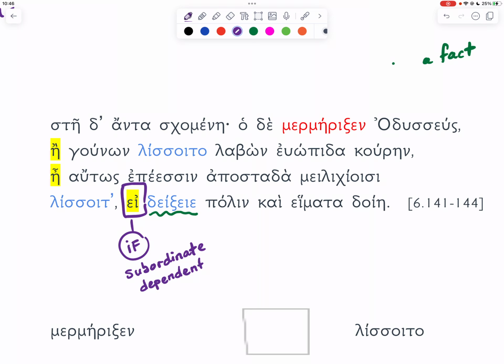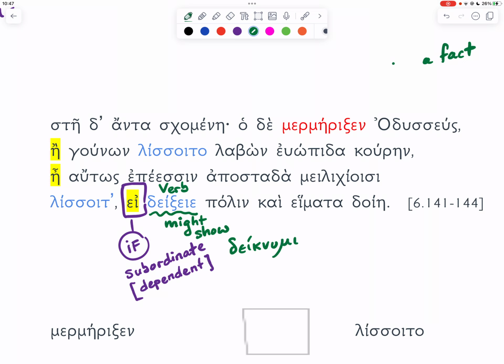If this happens, that's not a real sentence. That has to be only a part of a sentence. If she might, what? And here I'm going to use the word might. If she might show, this is from the word deiknumi, which means to show.